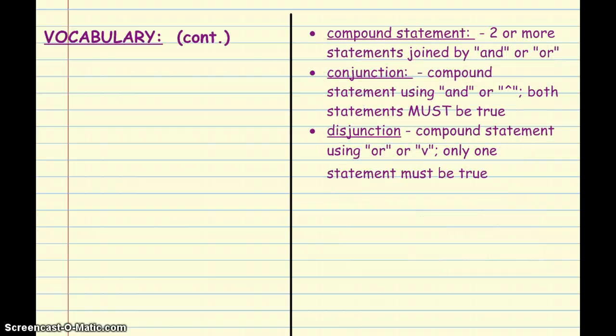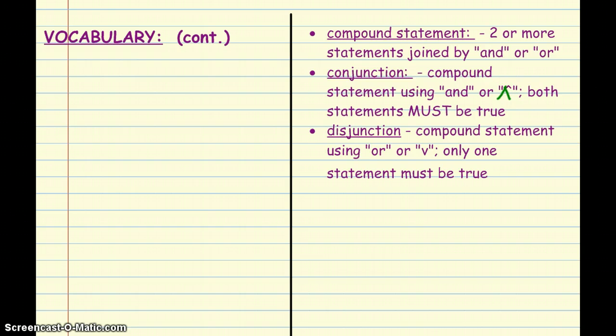Continuing with our vocabulary, a compound statement is two or more statements joined by and or or. A conjunction is a compound statement using the word and, or you might see this upside down V symbol, like a caret.